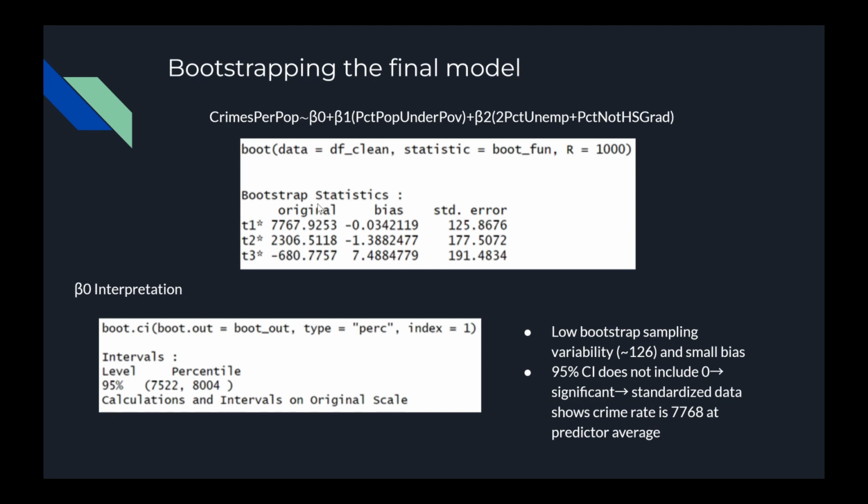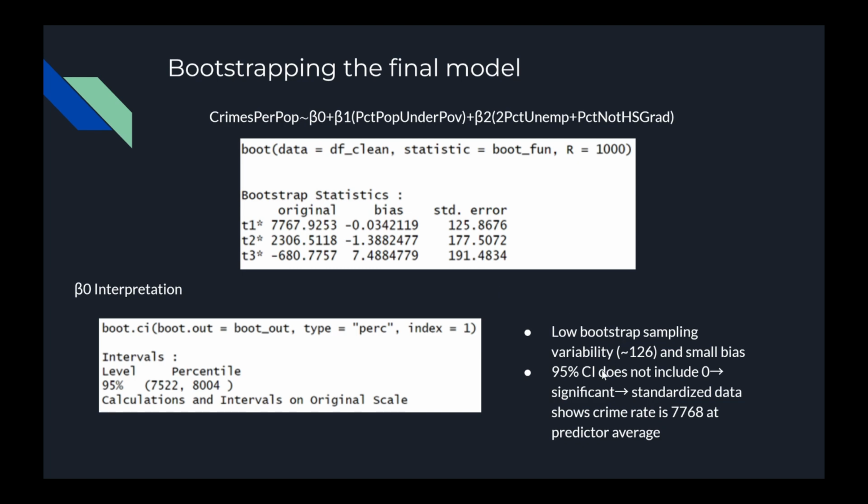And to evaluate their stability and uncertainty, we bootstrapped the model 1,000 times by resampling the clean data set with replacement and refitting the regression each time. From these bootstrap replications, we obtained coefficient estimates, standard errors, and the 95% confidence intervals. And so for B0, the intercept, we observed very low sampling variability, around 126, and minimal bias.